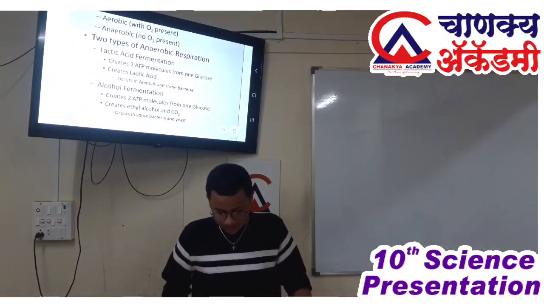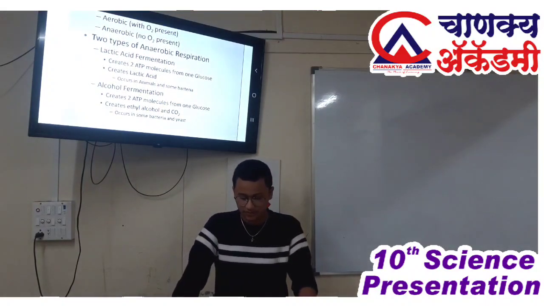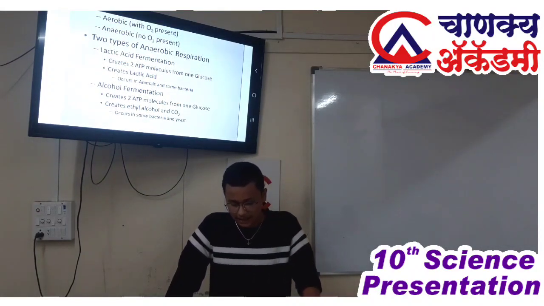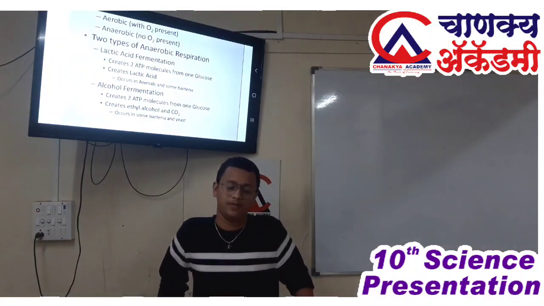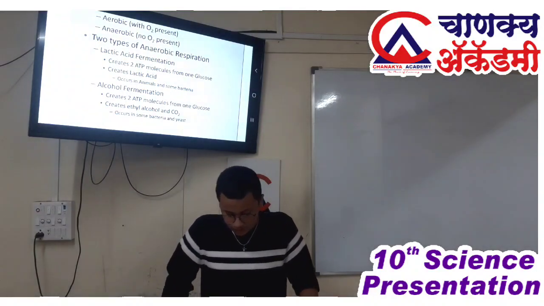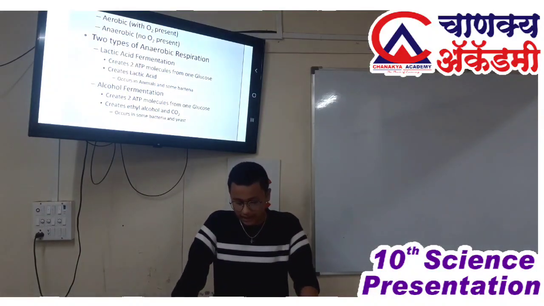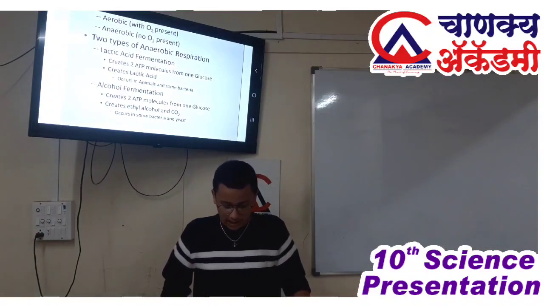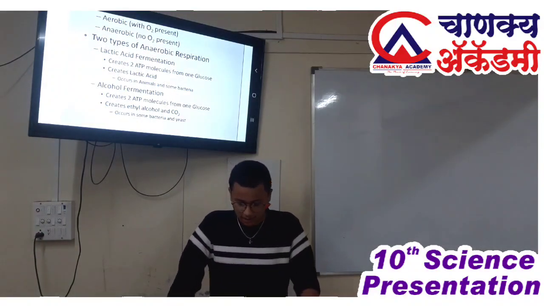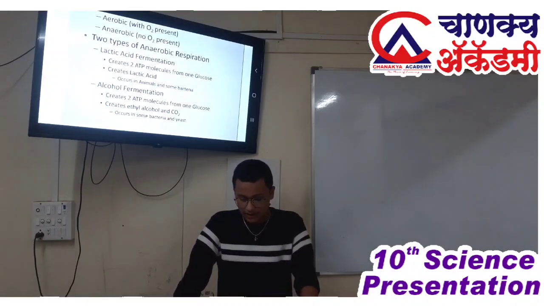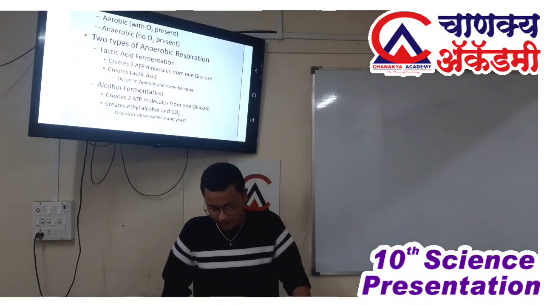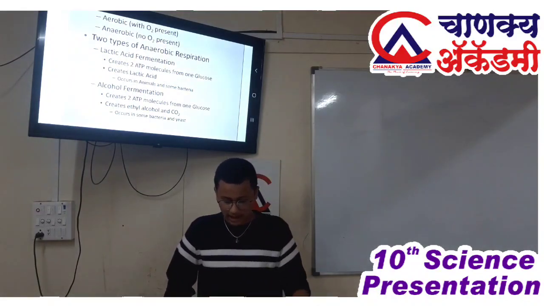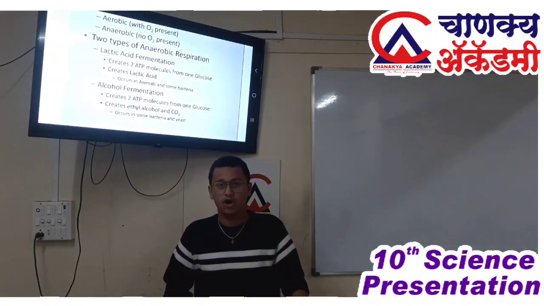There are two types of anaerobic respiration, lactic acid fermentation and alcohol fermentation. In short, lactic acid fermentation creates 2 ATP molecules from the glucose and creates lactic acid. In alcohol fermentation, it creates 2 molecules of ATP from one glucose and creates ethyl alcohol and CO2.